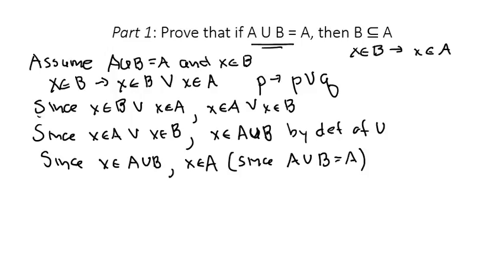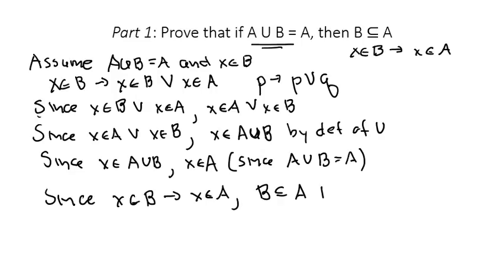So if X is in A or B, I know X is in A union B. But since A union B and A are equal, X is in A. So if X is in B, then X is in A. Since X is in B implies that X is in A, what we can say is that B is a subset of A. And part 1 is done. You leave that as an open bracket because there are other parts to do.